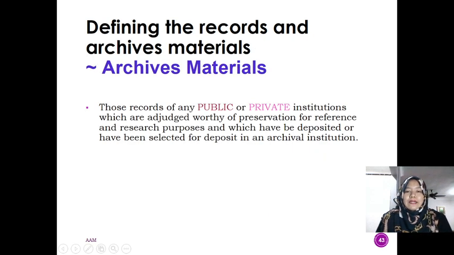Archive materials are those records of any public or private institution, and remember there are two types of archive, public and private, which are judged worthy of preservation for reference and research purposes, and which have been deposited or selected for deposit in an archival institution.